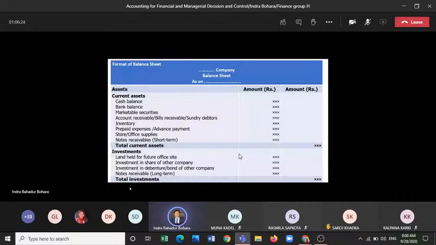What's the difference between bills receivable and account receivable and debtor? Debtor is the customer to whom goods are sold on credit. So we have the right to receive within a month or within a week or within a year. So it is current assets.